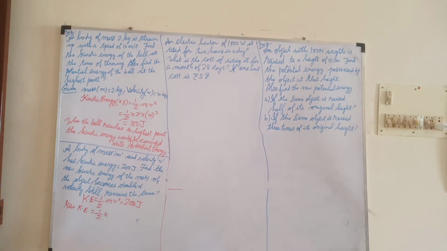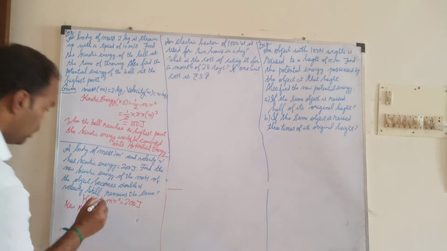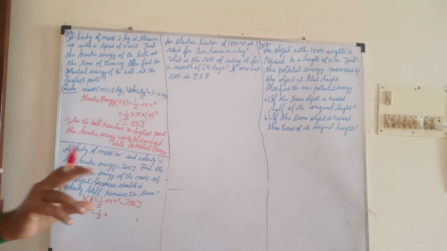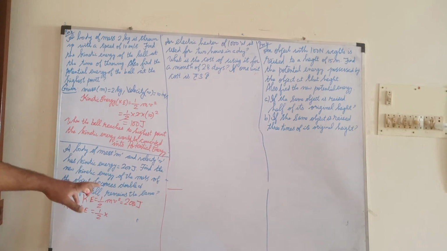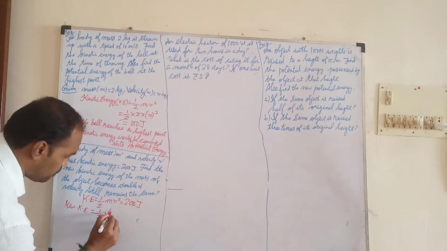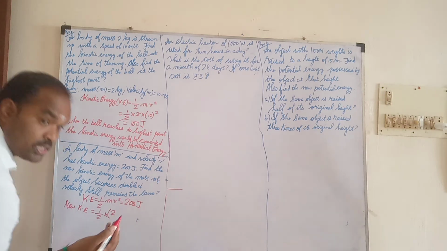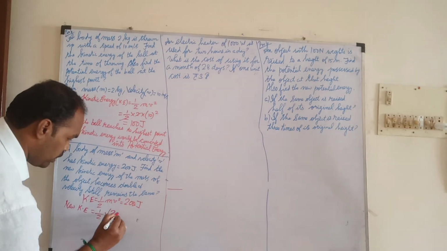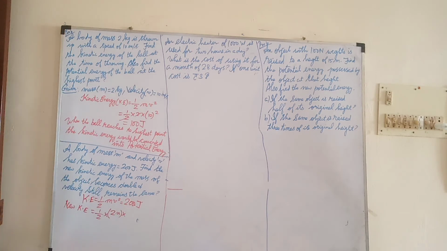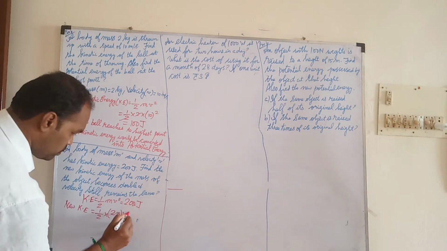Mass of the object becomes double means 2m. So 2m into v square is what?